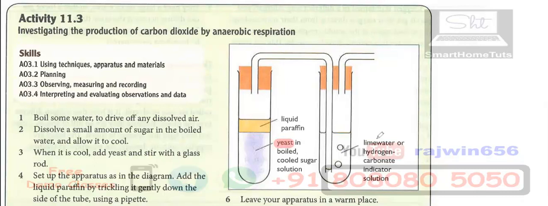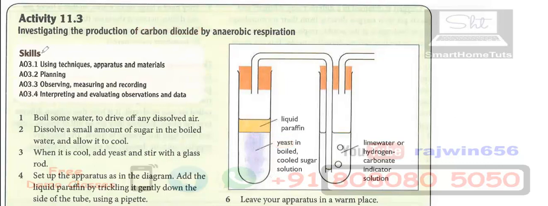If it is subjected to certain conditions, depending upon the substrate food that is present, we may get different products. Carbon dioxide is one of the products that we are going to get. The other product can be alcohol, ethyl alcohol or ethanol. But at the moment we are not studying that. We are just studying over here what is formed during the process of respiration. It is the gas carbon dioxide.